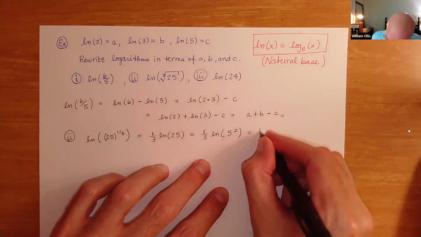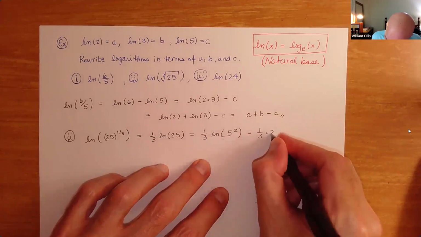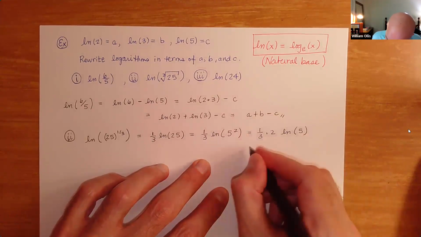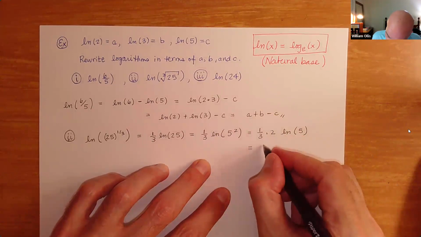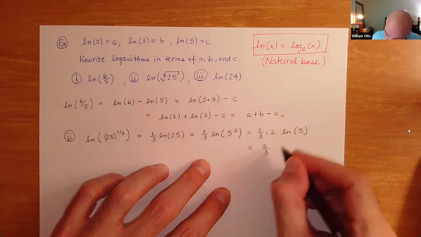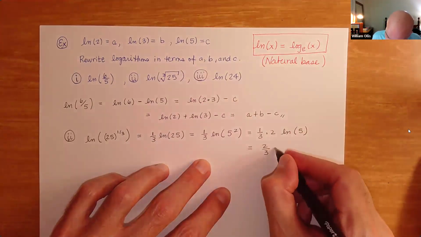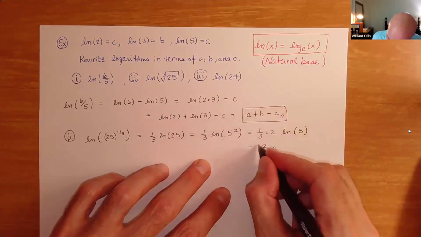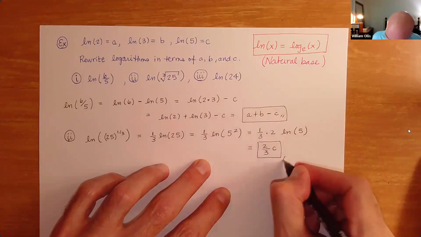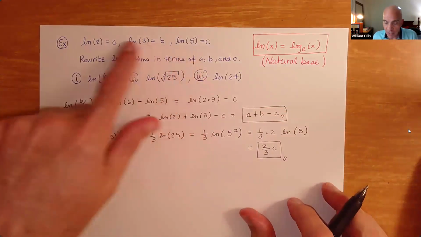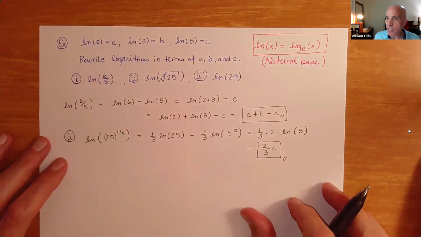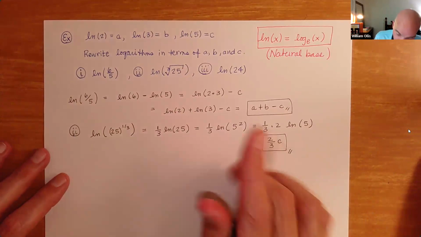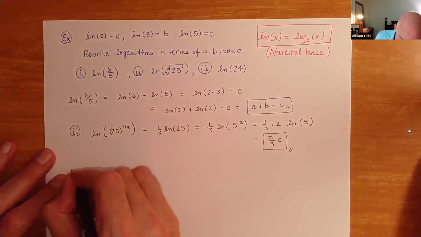So we'll have 1/3 times 2 times the natural log of 5. But of course, 1/3 times 2 by definition is just 2/3, and the log 5 is just c. So we see in these particular cases that we get expressions written in terms of the letters that we have here. Very simple, but very useful in practicing the techniques. Now, the very last one shouldn't be a surprise either.